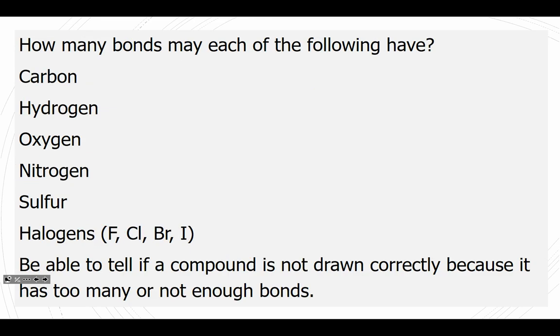Okay, tell me really quickly, how many bonds does carbon need? How many hydrogen? Oxygen? Nitrogen? 2, 3. Sulfur? Halogens? Okay, what shape does this make?